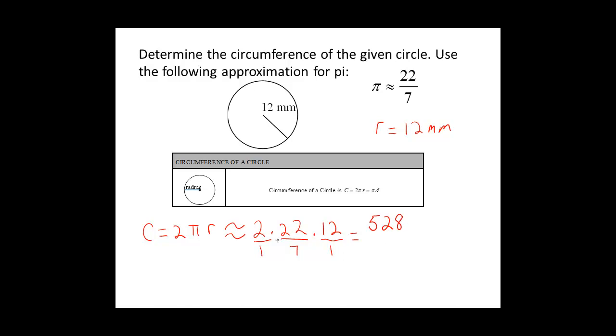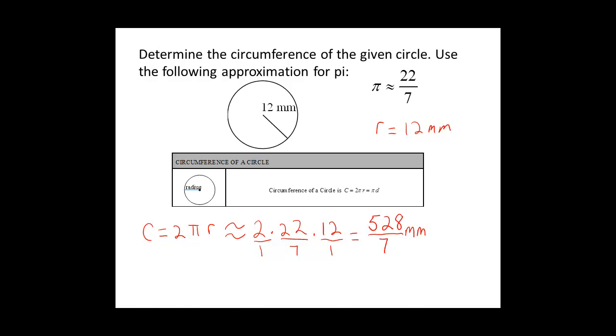You may need to use a calculator or scratch paper in order to calculate that. Our denominator is 1 times 7 times 1, which is 7, and our units are millimeters. So 528 sevenths millimeters is our answer as an improper fraction.